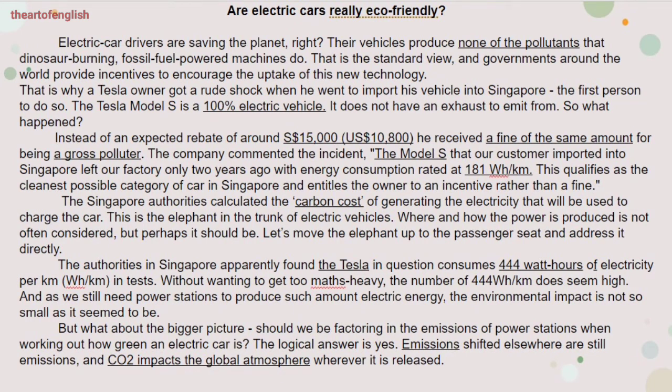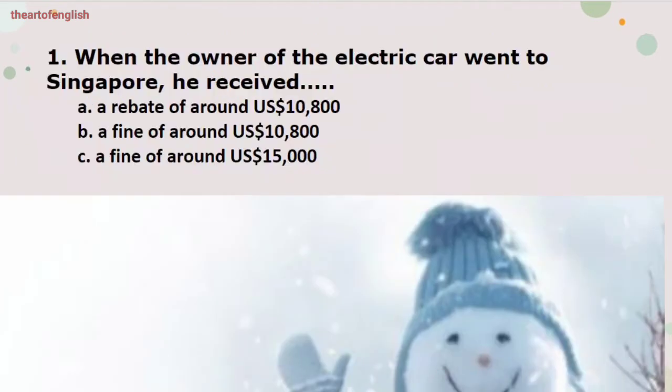Now we're going to see the questions for the text. For example, there is a question about the text: when the owner of the electric car went to Singapore, he received, and so on. This question requires a specific detail, an amount of money.